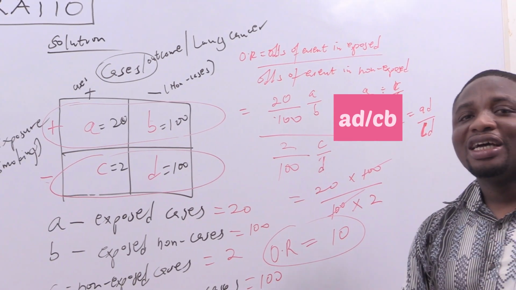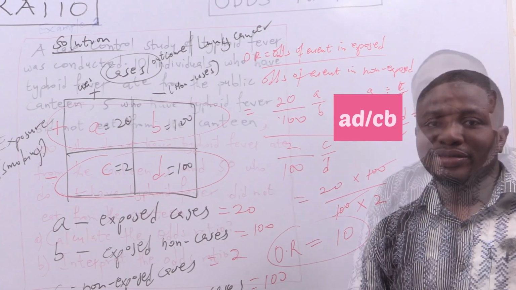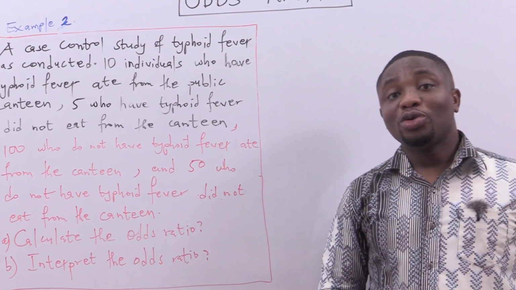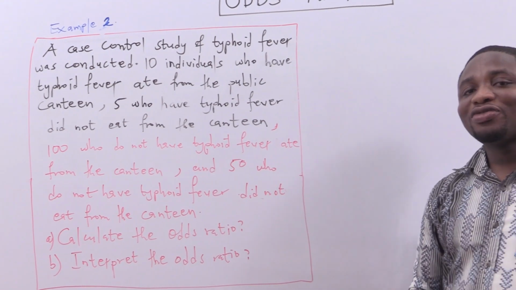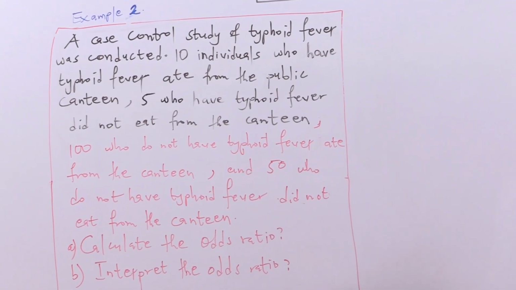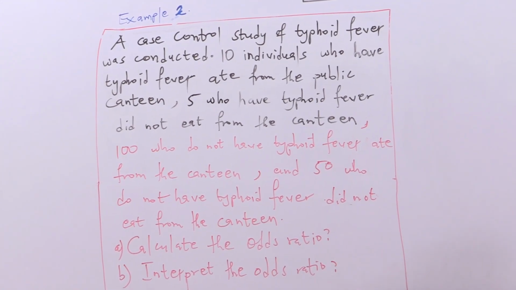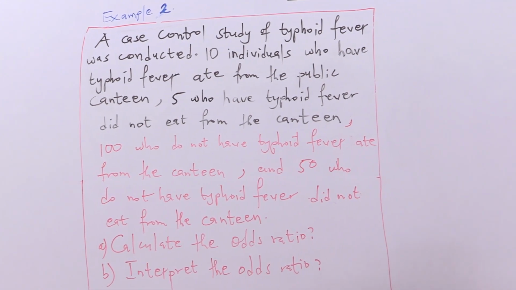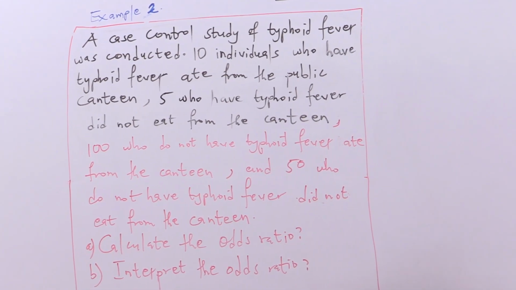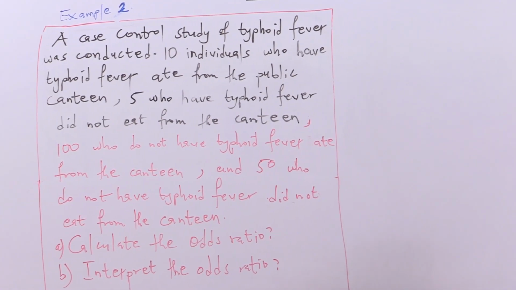If so, let me put down the next example for you to try your hands on. Alright, the final example which you will be solving on your own, that is going to be a case control study of typhoid fever was conducted. 10 individuals who have typhoid fever ate from the public canteen. 5 who have typhoid fever did not eat from the canteen. 100 who do not have typhoid fever ate from the canteen.